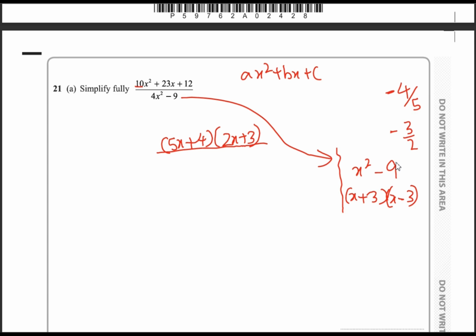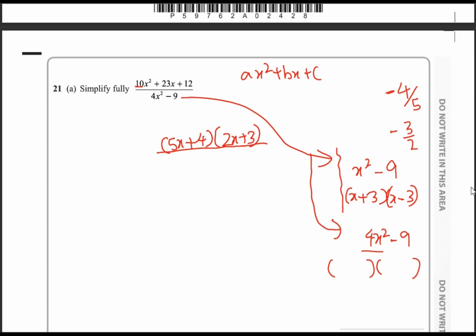In our question, I have 4x squared minus 9. Just like the previous one, I have two factors. What do I put first? I take the square root of the first element. What's the square root of 4x squared? It's 2x.